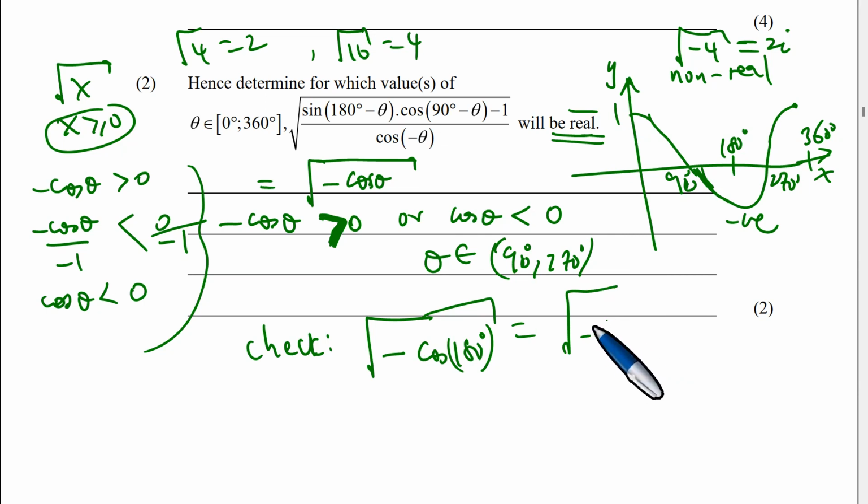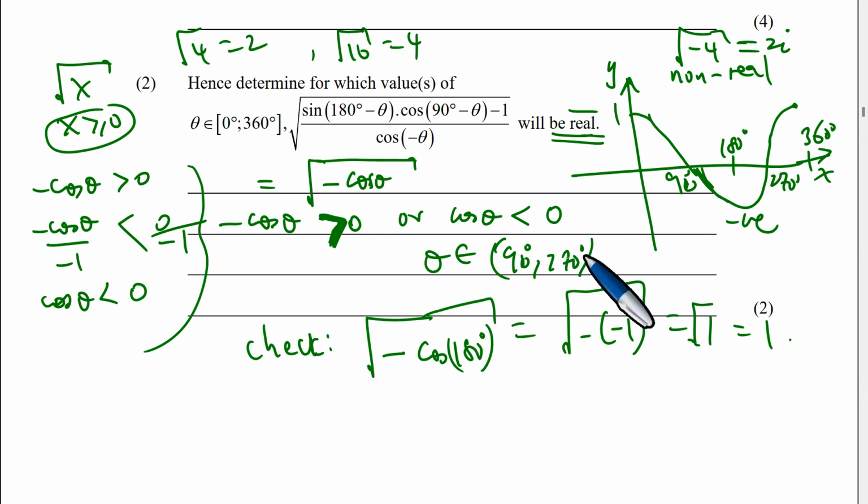What is cosine 180? It is -1. And minus that is 1, and the square root of 1 is what? It's a real number, it is 1. So indeed, if you take any number of degrees between 90 and 270, the square root produces a real number.